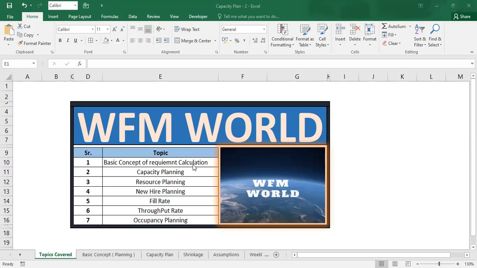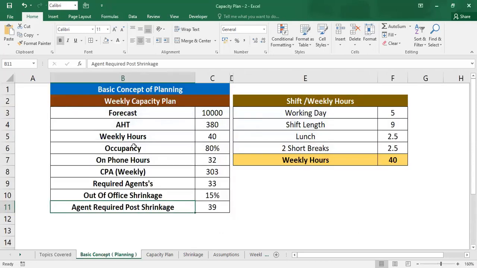Okay, so let me take you through the basic concept of planning. Here I have taken the weekly forecast, then AST, and the weekly hours. So how did I get my weekly hours? Let's suppose we have 5 working days in a week, and shift length is 9 hours.